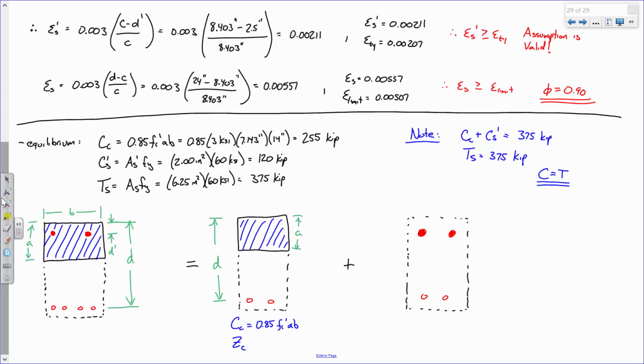So remember, what are we doing, right? I've got a force this way, a force that way, and I'm after that moment arm. So how far is it from the center of this force to the center of that force? Should be a pretty simple one. d minus a over 2.